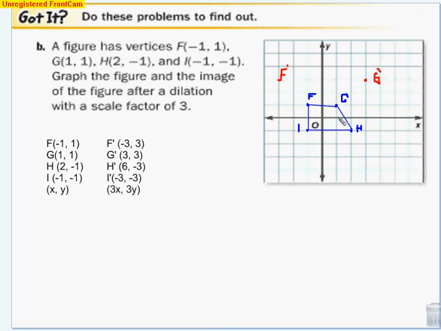H is (6, -3). And I is (-3, -3). And then we'll connect those points using lines.